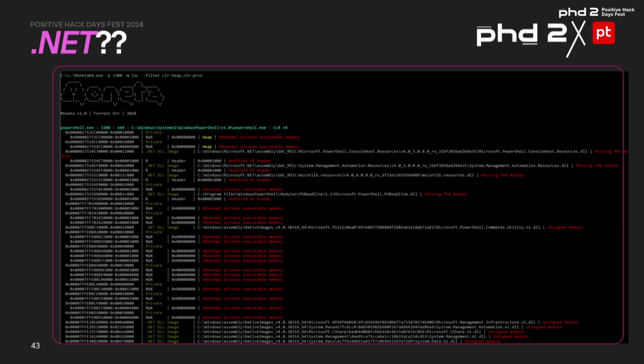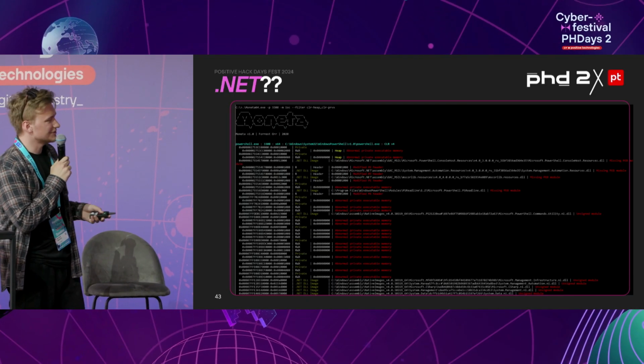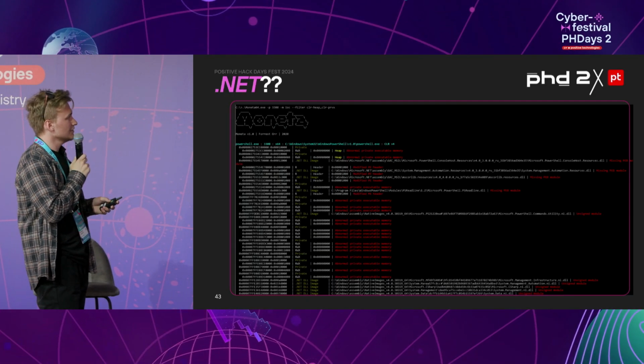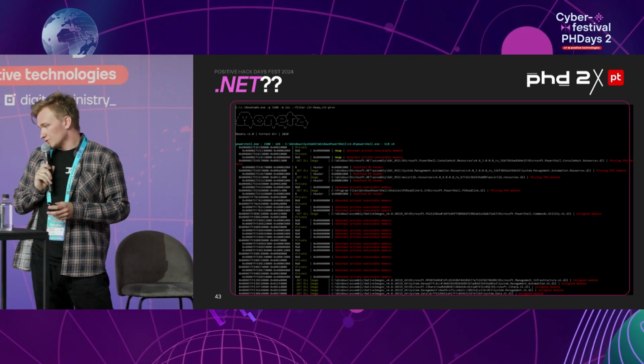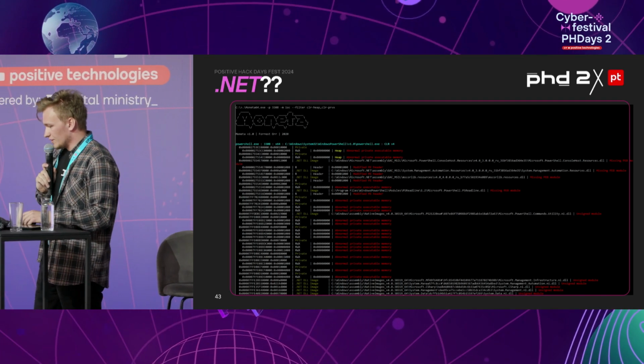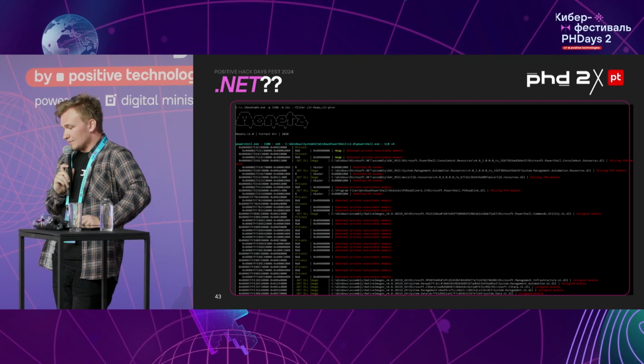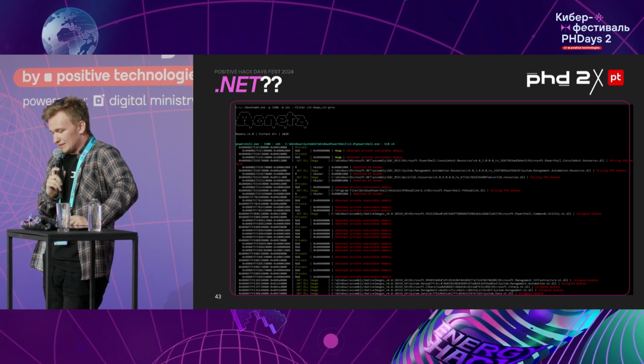So that it should be supported, you need to allocate memory. So for a .NET process, if you put Moneta there, you'll see a picture like that. This is a PowerShell process that runs Moneta, and you get this exact memory.